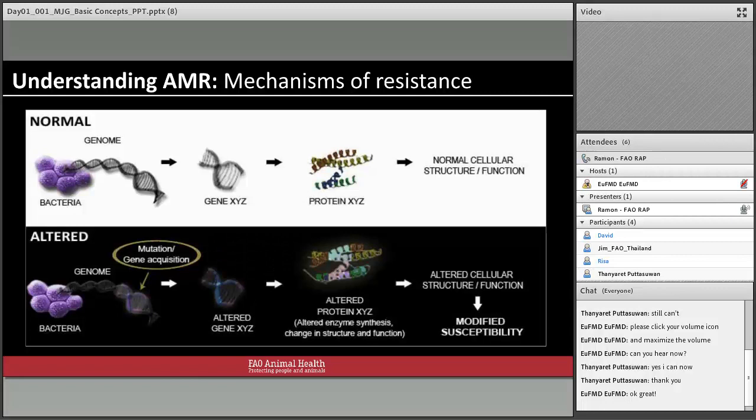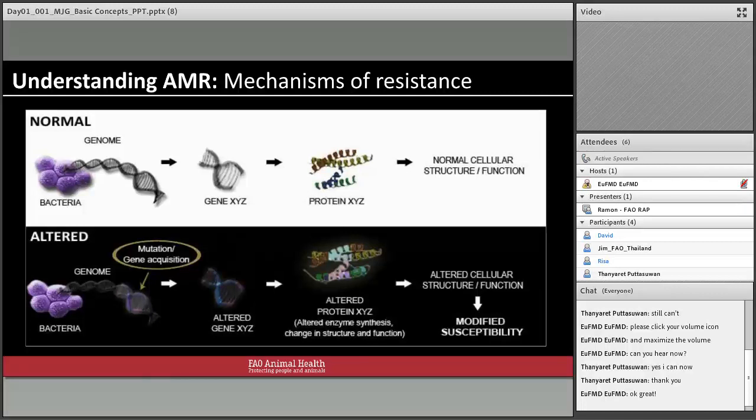However, when there is antibiotic pressure, or when there is a floating gene that enters the cell, or if there is a virus carrying a gene with resistance, they are able to modify. So a bacteria which has acquired a particular resistance gene or mutation can actually have an altered protein, and this alteration leads to modified susceptibility.